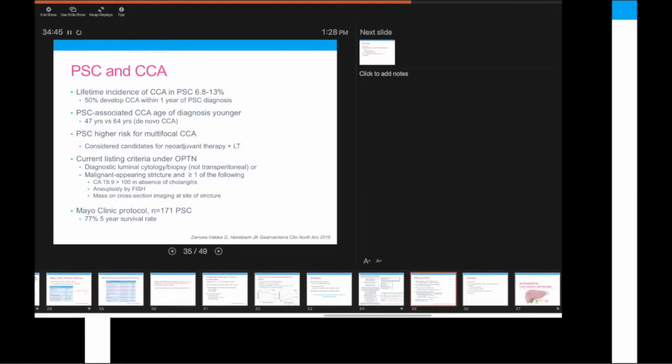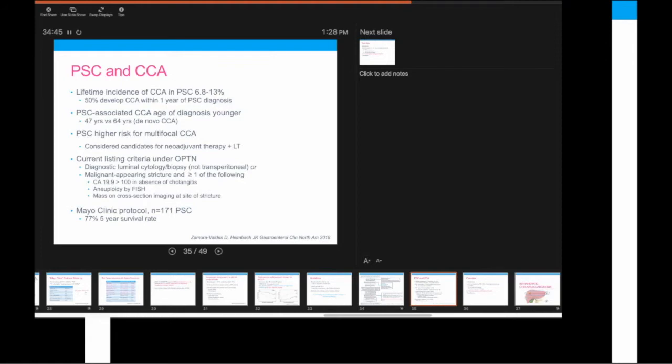But I think on the surgical side, you see patients who are presenting with cholangio as their initial presentation, and then they're ultimately found to have PSC. That's why it's saying within 1 year of your PSC diagnosis, you actually present. So you can get patients in here who end up not having cholangiocarcinoma.